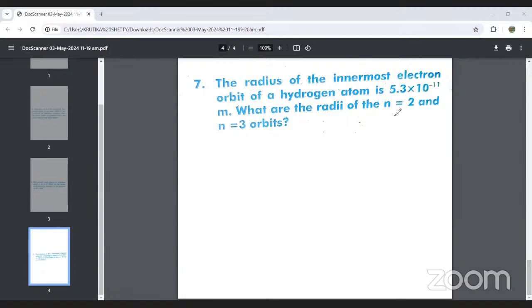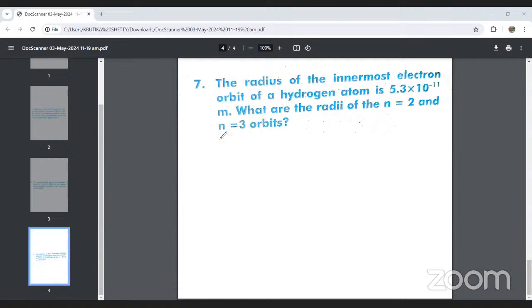What are the radii of the n is equal to 2 and n is equal to 3 orbits?